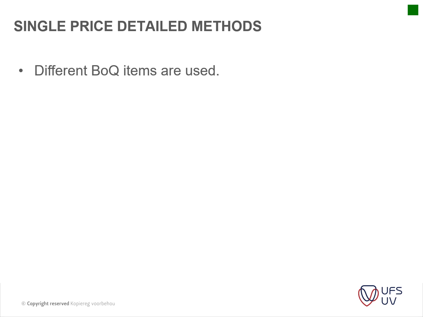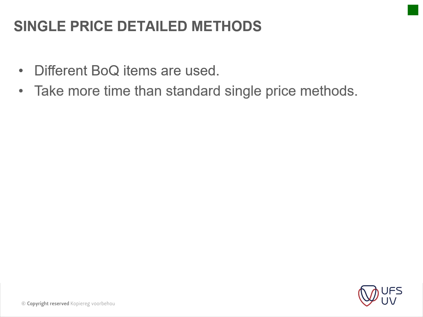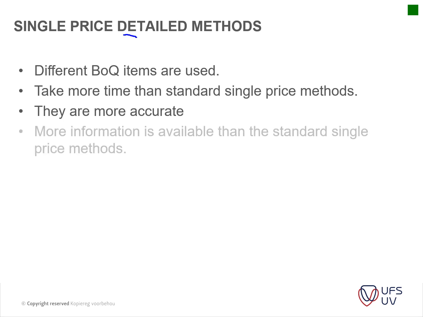So you usually use your BOQ from a previous project to get certain rates for your new project. Take more time than standard single price methods. Okay, and this is just basically the difference between your single price methods and your single price detailed method.